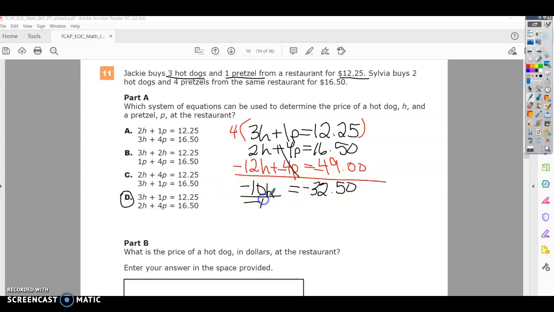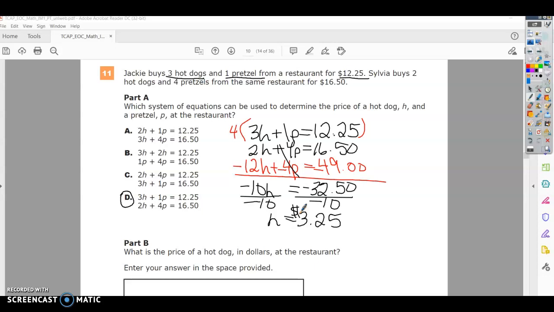Then I'm going to divide each side by -10. So h is equal to $3.25. That means 1 hot dog is equal to $3.25.